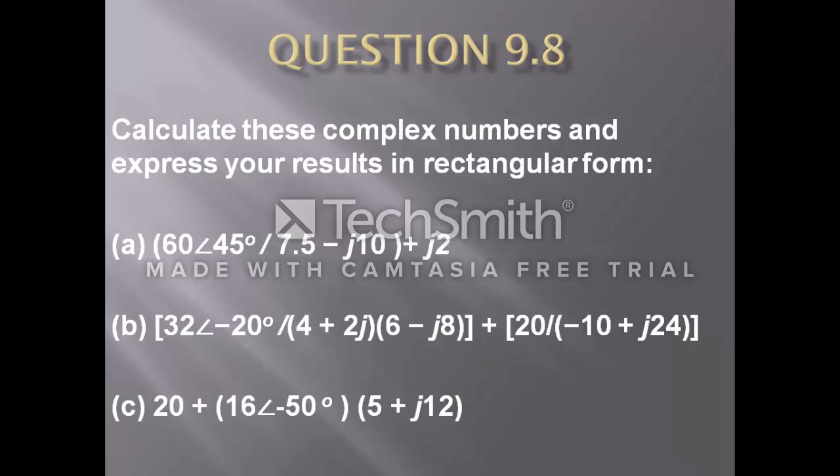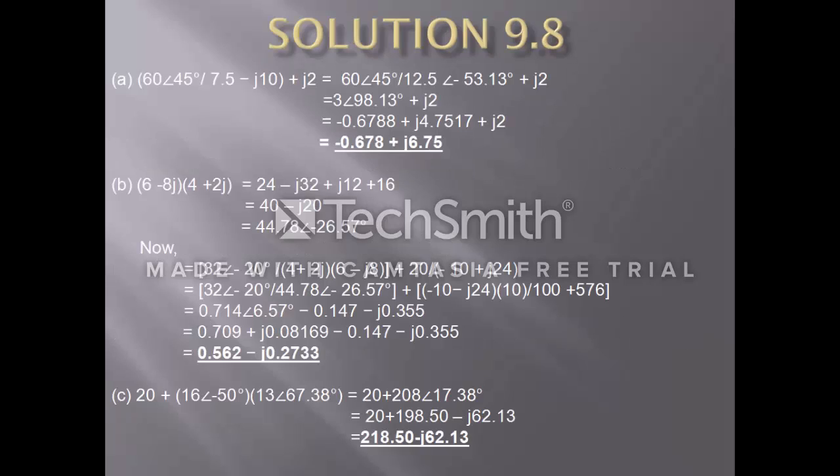B part: 32 with a phase angle of minus 20 degrees divided by 4 plus 2j multiplied by 6.8j plus 20 divided by minus 10 plus 24j. The C part: 20 plus 16 with a phase angle of minus 50 degrees multiplied by 5 plus 12j.